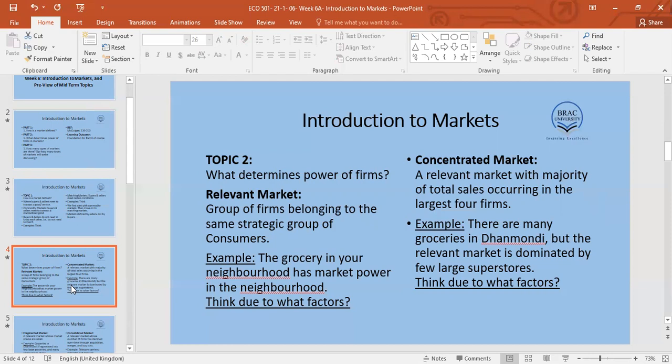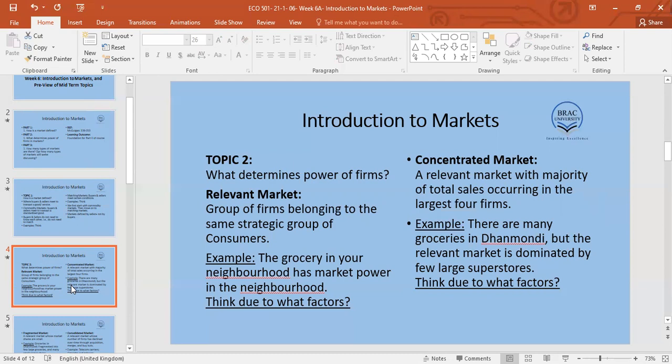So in the total industry, if we define the industry as all the grocery shops, then the neighborhood grocery shop is a very small player on the market. So it has literally no market share or market power. But its relevant market is how much area does it operate within? How many customers can it effectively attract?